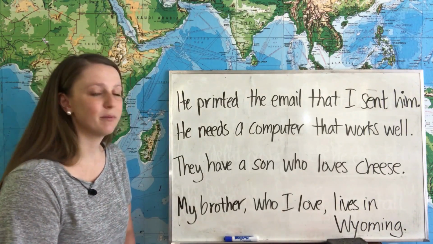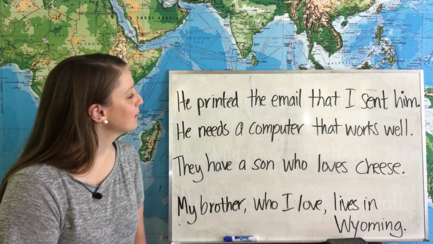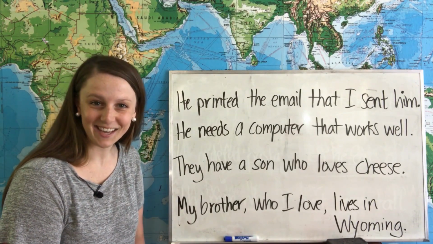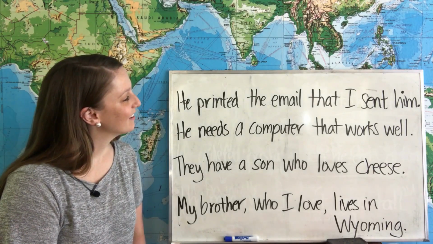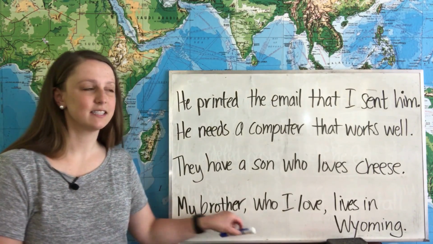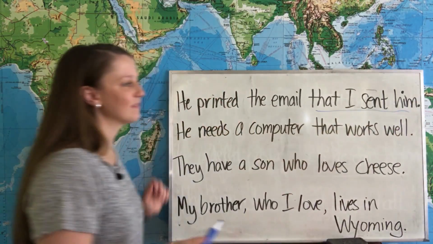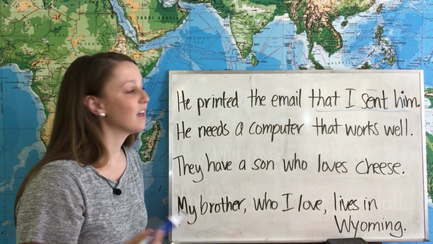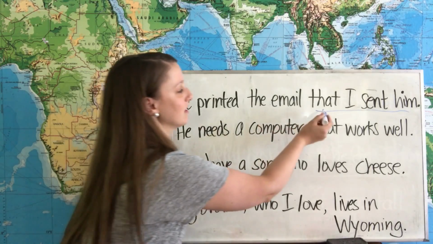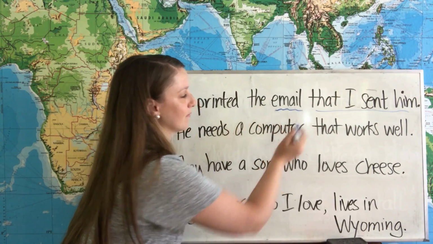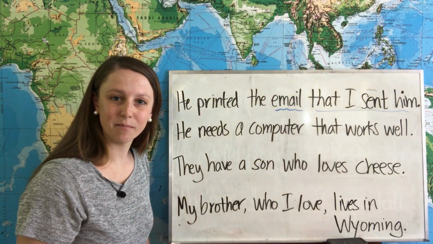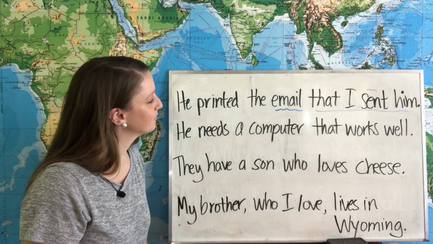Our first example sentence is, "He printed the email that I sent him." Now, the adjective clause in this sentence is that I sent him. This is an adjective clause that describes the noun email. Now, what's our relative pronoun in this sentence?